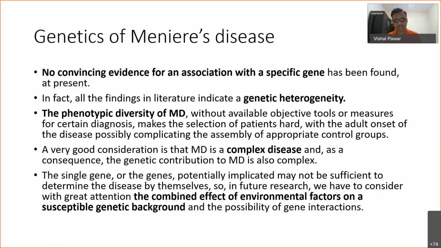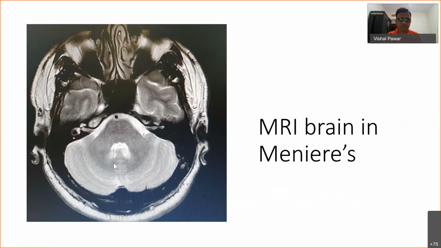Then one more interesting finding about Meniere's disease, which I saw recently. This is another patient of Meniere's disease, in whom I did an MRI to rule out any other pathology. The radiologist aptly reported that if you compare the vestibular system on the right side versus the left side, you will find that the left-sided vestibule is hypoplastic.